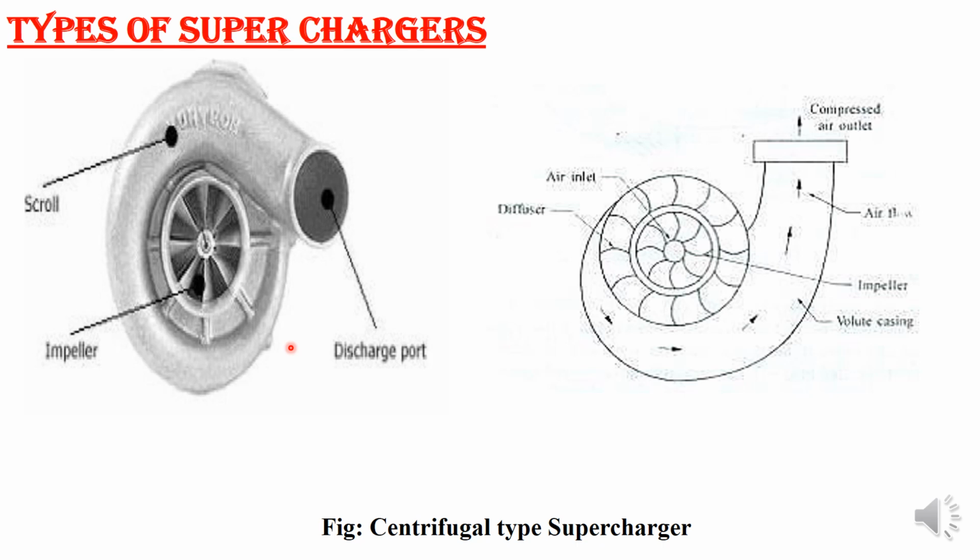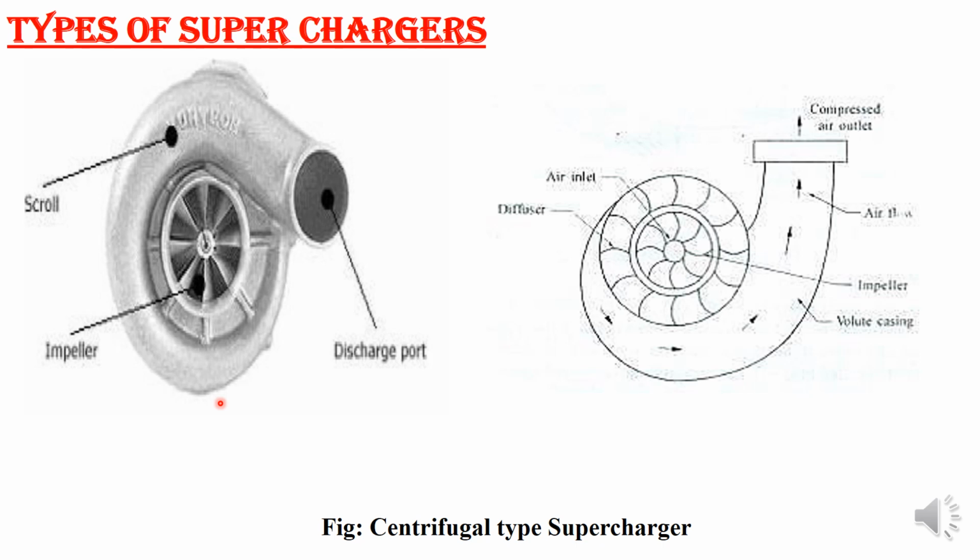Before that, one thing we have to remember: if the engine crankshaft drives the supercharger, then it is called a mechanical supercharger. Remember, mechanical supercharger means the engine crankshaft drives your supercharger or compressor.